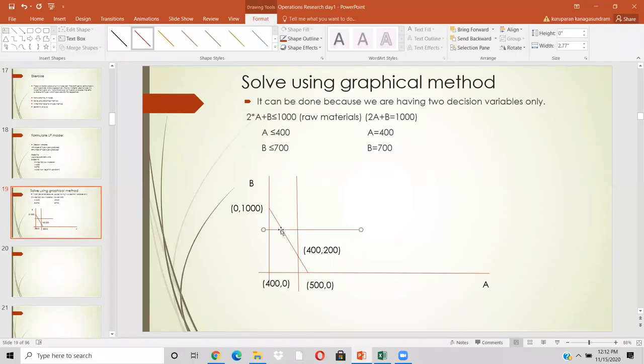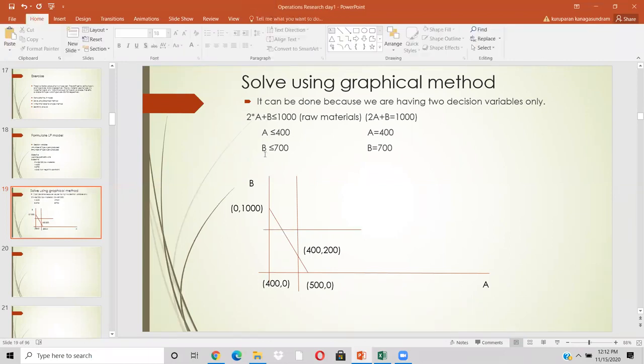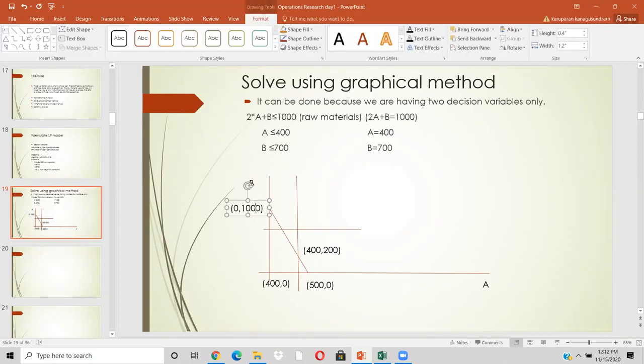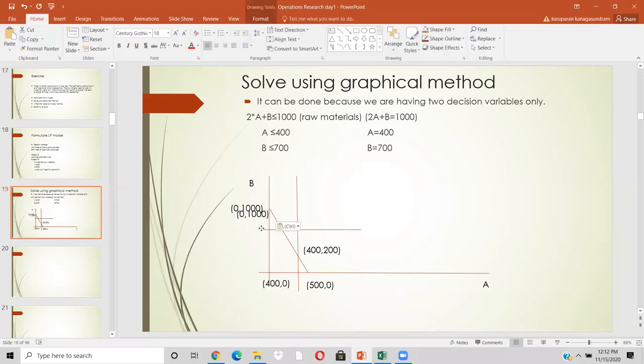It will be here. This will be 0, 700. And the intersection point will be what? What will be the intersection point? This one. This point.